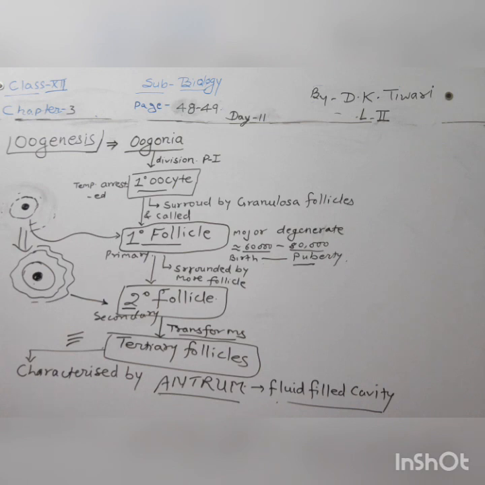Okay, what will be the function? A thick layer will be there that will support the structure. And now what will happen there? There will be two distinct layers. Theca layers will be formed here. In the tertiary follicle there will be antrum, and theca layers will also be there: the outer theca externa, and the inner theca interna.